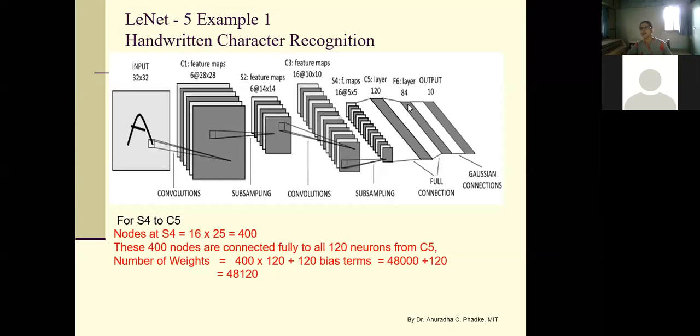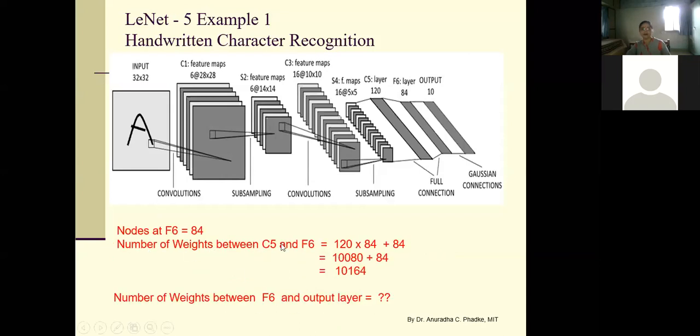In addition to that, there is one bias term for every node of the F6 layer, so there are 84 bias terms. So for the next layer, C5 to F6, you have total 120 into 84 plus 84, and this gives you 10164.